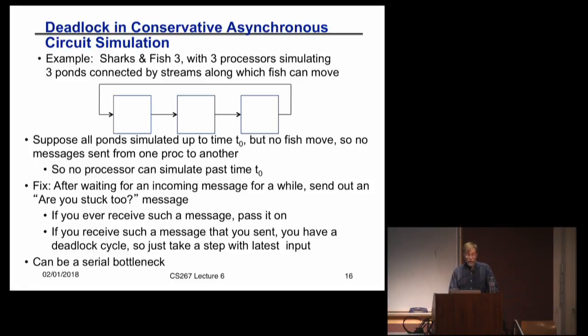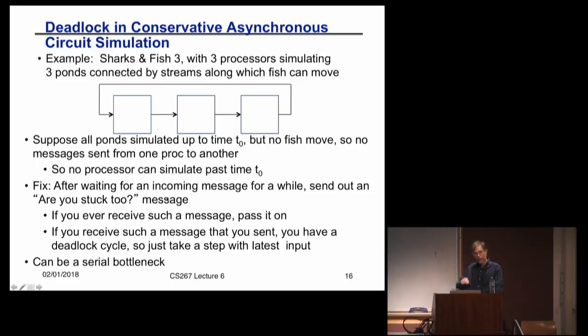That's a deadlock. If you've been waiting for a while, you send out a message to your neighbor, "Are you stuck too?" And if you get that message, you send it to your neighbors, "Are you stuck too?" And finally, if it comes around and you get your own message back, you know there's a loop. You know there's a deadlock. And then what you do is you send a new message saying, "All right, go ahead."